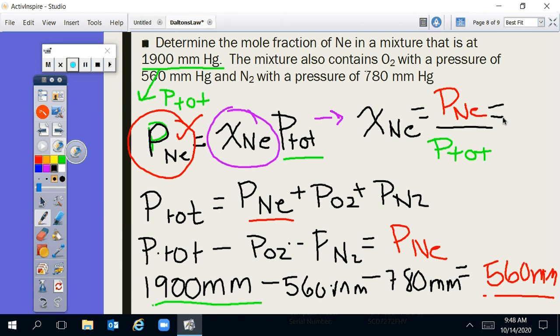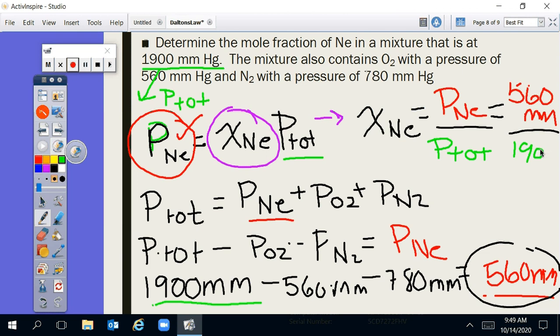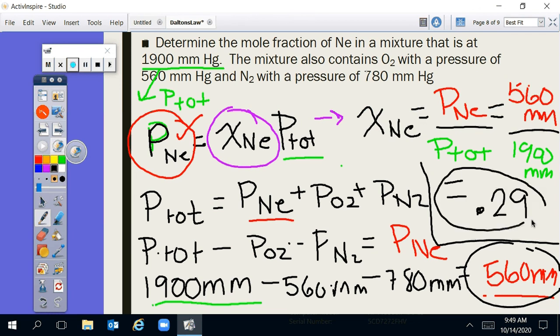The partial pressure of neon we've solved for is 560 millimeters of mercury, and the total pressure from the given is going to be 1,400 millimeters. And when we solve for that mole fraction, we get an answer of 0.29. And that is our mole fraction of neon.